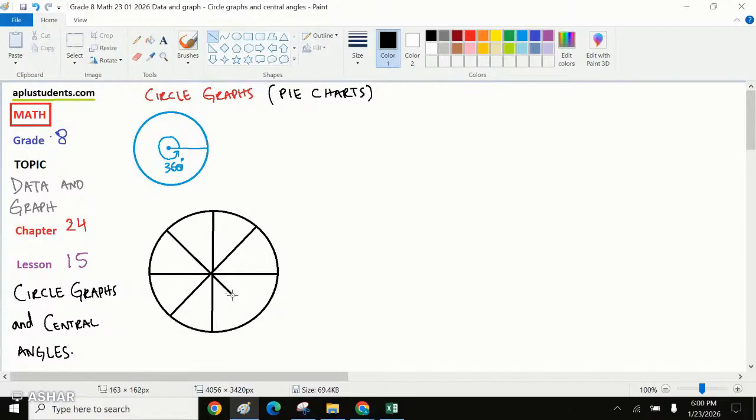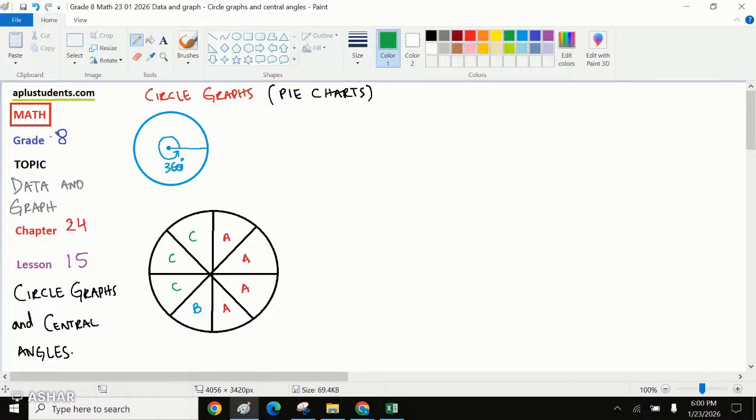That means in this pizza, if there were 8 slices, friend number A ate 4 slices. Friend number B ate a single slice, and friend number C ate 3 slices, right?